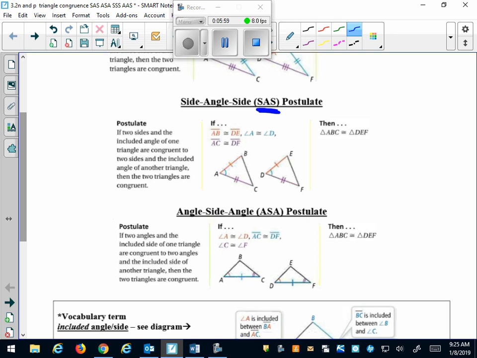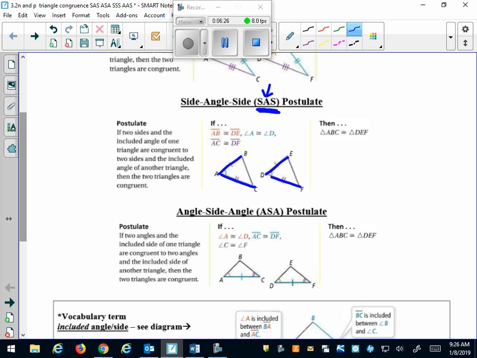So I'm not saying 2 sides on one triangle. I'm saying AB is congruent to DE in this case, and AC is congruent to DF in this case. So 2 pairs of sides are congruent. If you know the angle that's between those 2 sides, then the triangles have to be congruent.